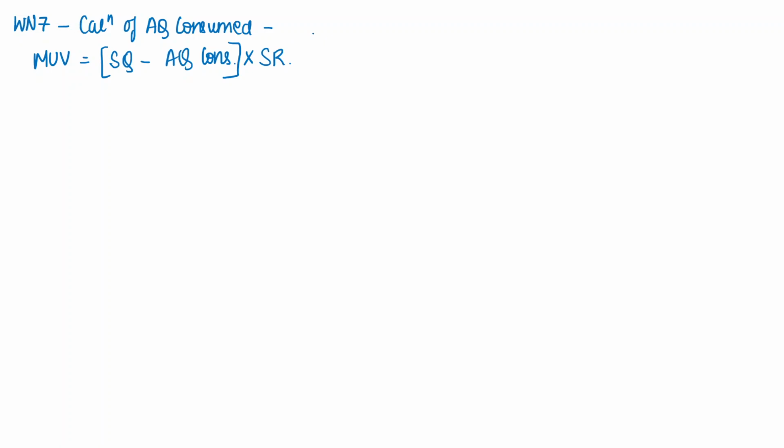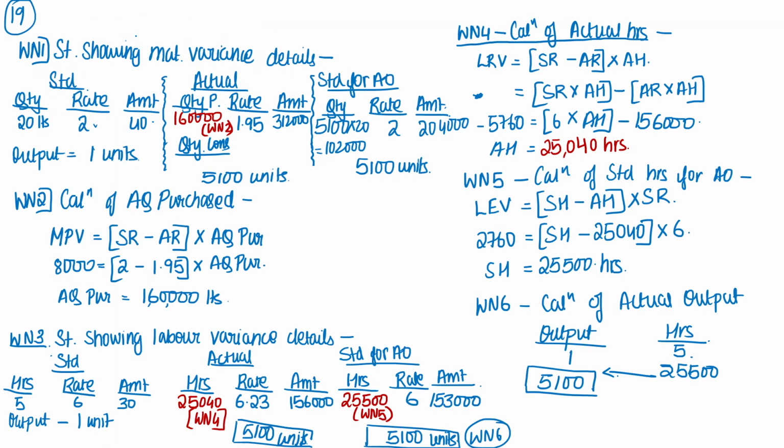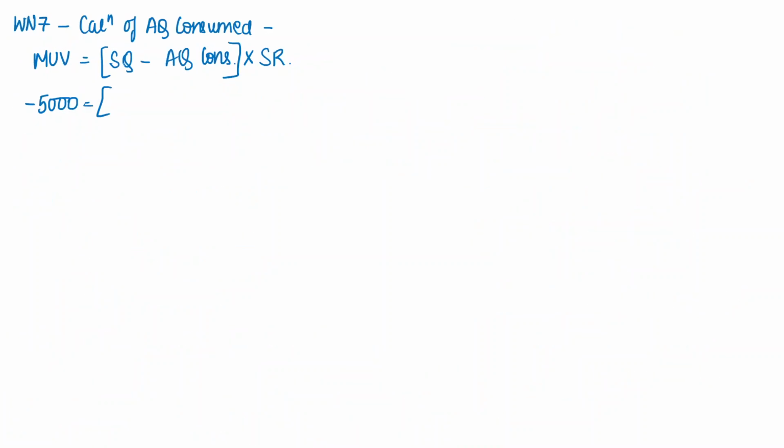Usage variance given to you as 5,000 adverse. Standard quantity कितना है? 1,02,000 minus actual quantity consumed, we have to find out, into the standard rate of 2 rupees.